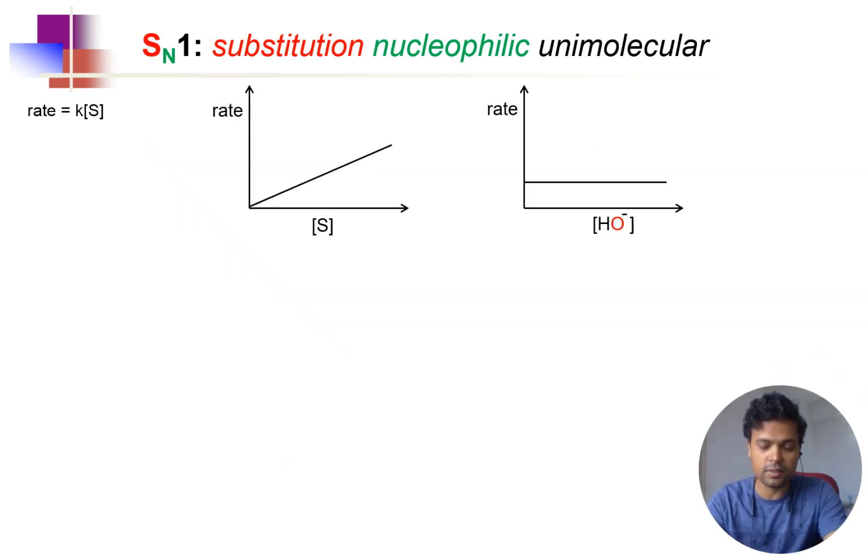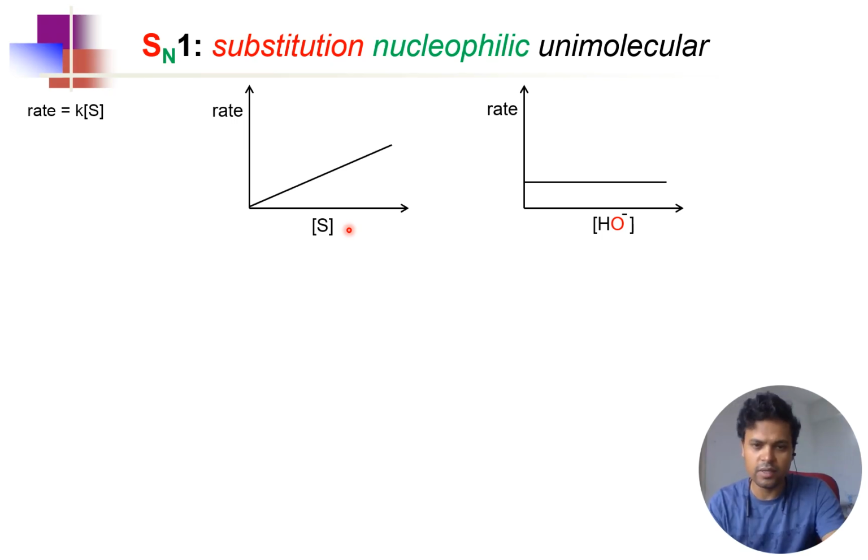Let's talk about which species influences the rate of the reaction, because we have the substrate as well as the nucleophile. If you change the concentration of the substrate and measure the rate of the reaction, you will find it constantly increases with increasing substrate concentration.